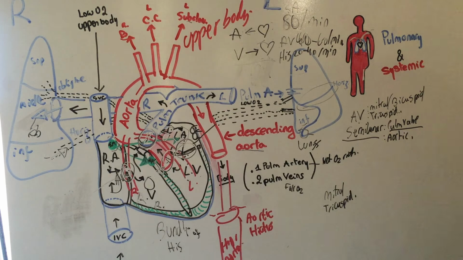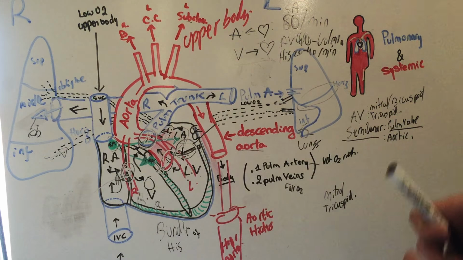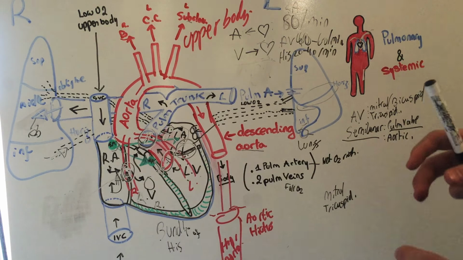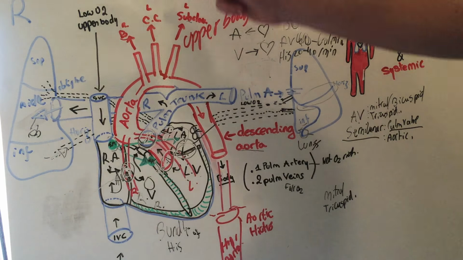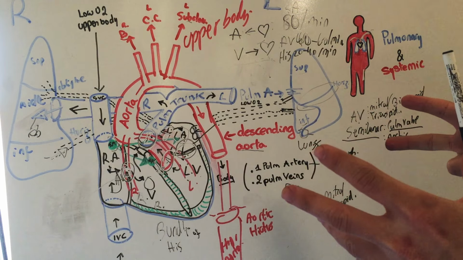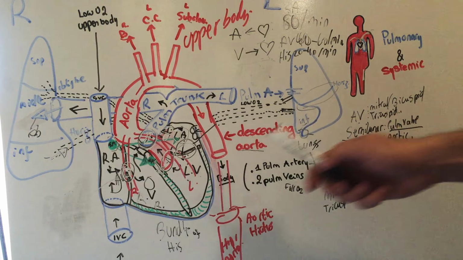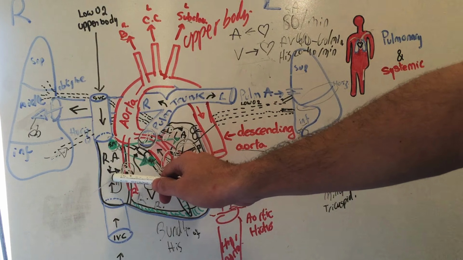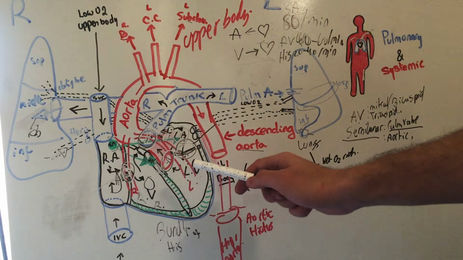The way the heart beats is contracting both atriums at the same time, pushing blood towards the ventricles. So when there's a filling of the heart atriums and then the SA node activates, you will have the heart contract, pushing those valves open, both mitral and tricuspid at the same time.